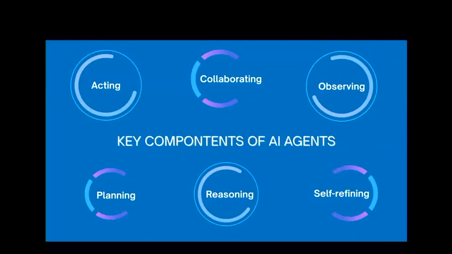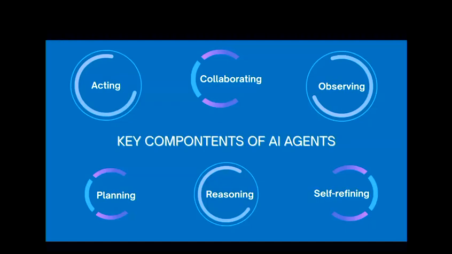Once it makes a decision, the AI agent will take action on it. Not only that, it can cooperate with other human beings or other AI agents. It can gather data from the surroundings, such as text, images, and conversation, and make a point on it.